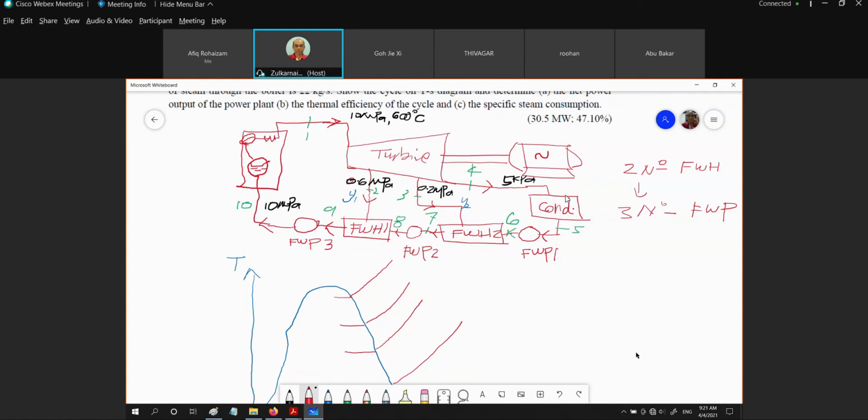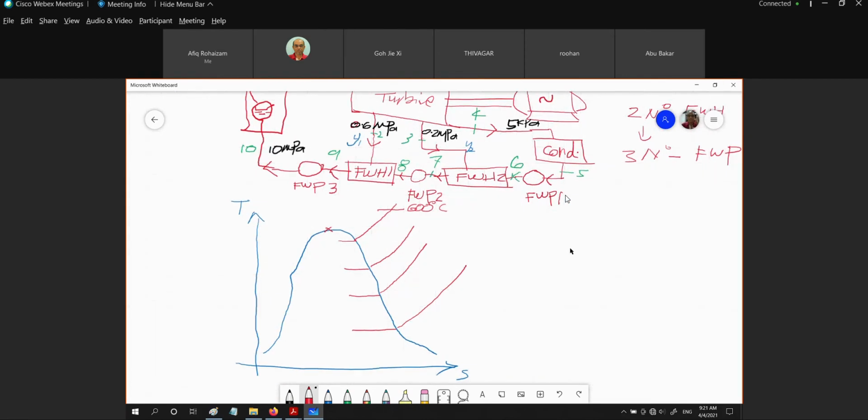If 600, then we are getting a superheated vapor, because we know that the T critical is at 373. So 600 is greater than T critical, it should be superheated.